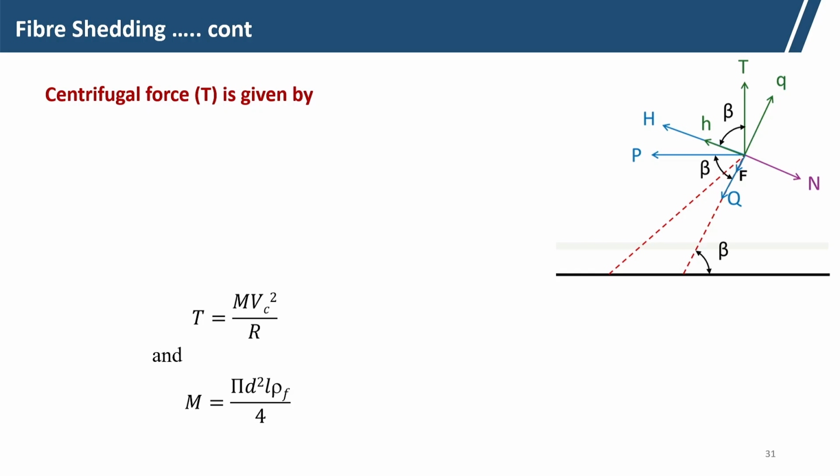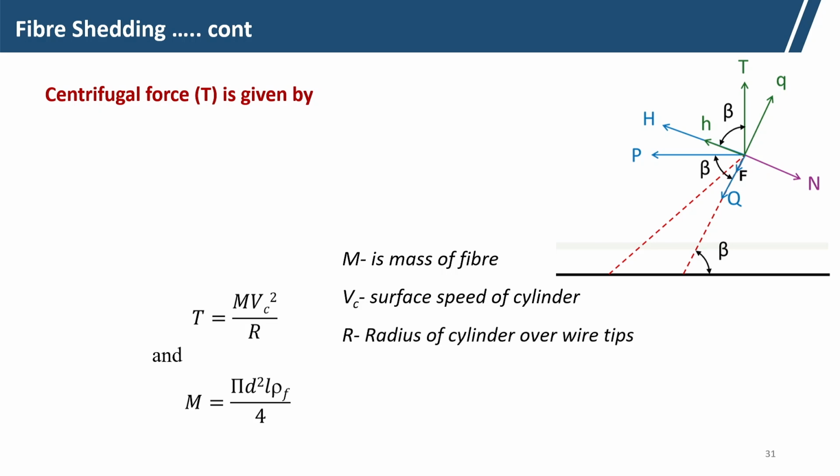So, this is the fiber mass, and the centrifugal force is T. And v c is the velocity of the cylinder, r is the radius of the cylinder at this point.